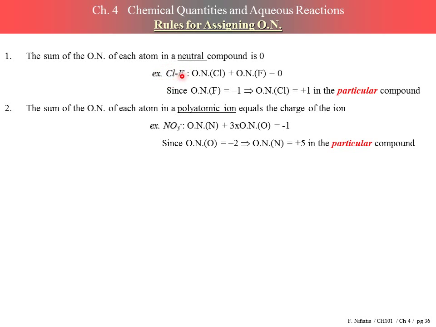This is a neutral molecule, so the charge is equal to 0. So if you know the oxidation number of fluorine, you can figure out the oxidation number of chlorine and the other way around.